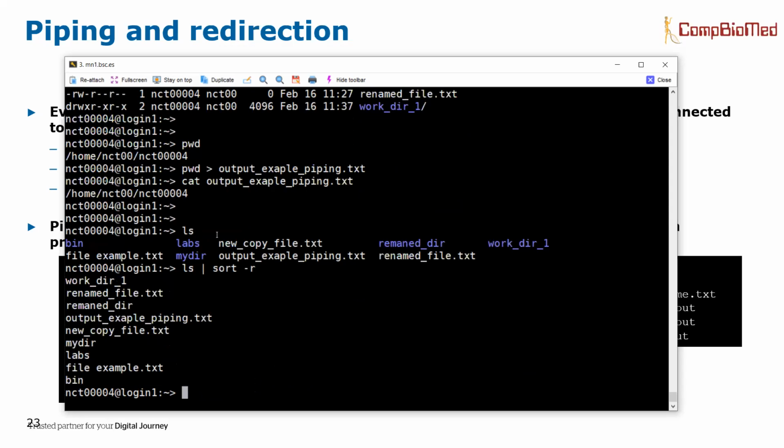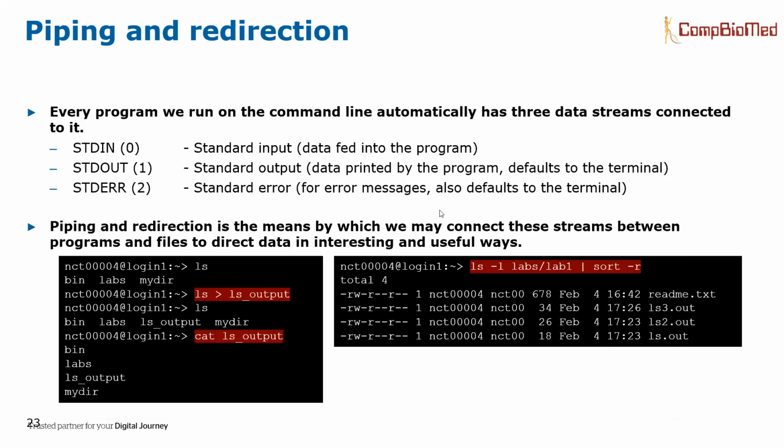Here, you see that when I do ls, my output is sorted in alphabetical order. But when I sort in reverse order, it will be sorted in reverse, starting from W down to the letter B. So this is an example of what you can do with piping and redirection.